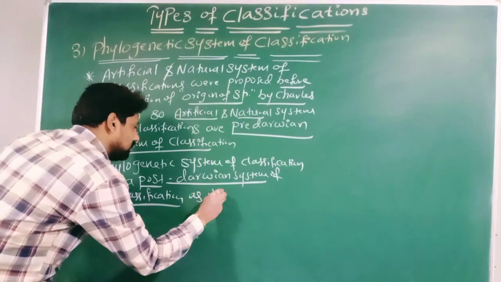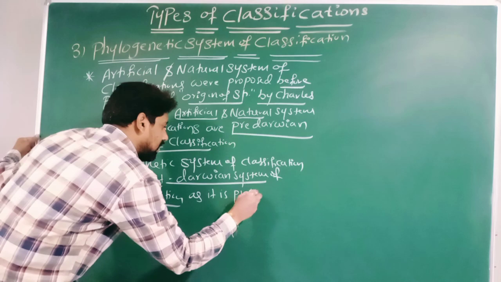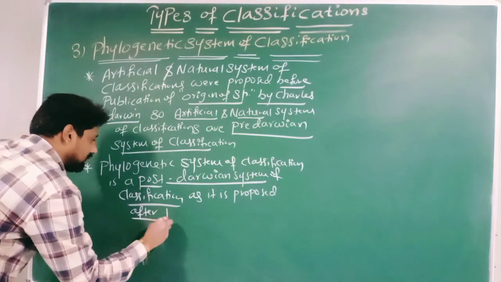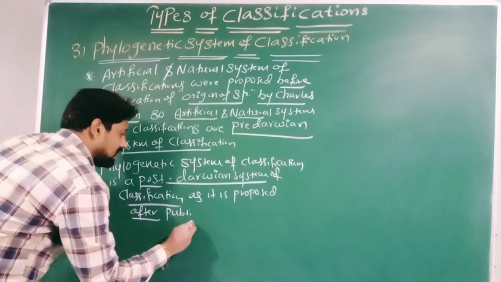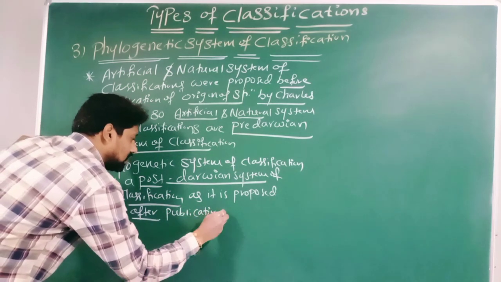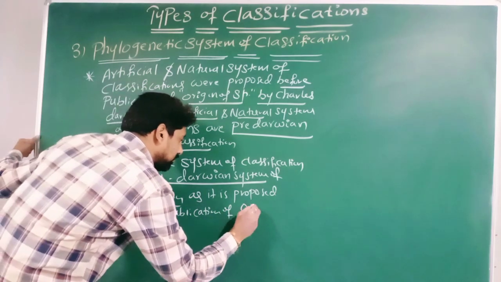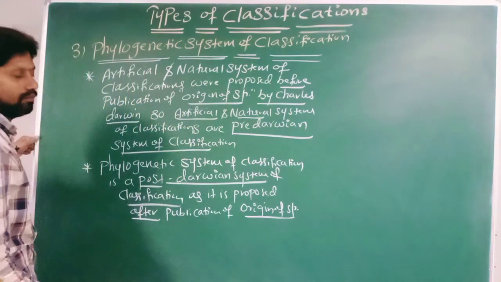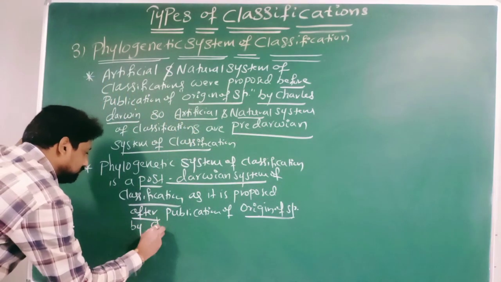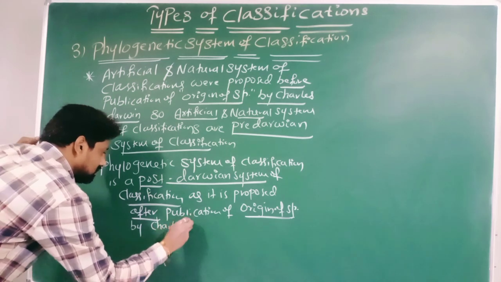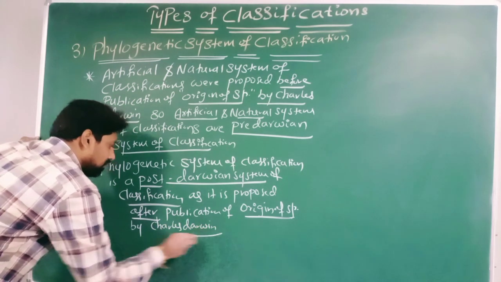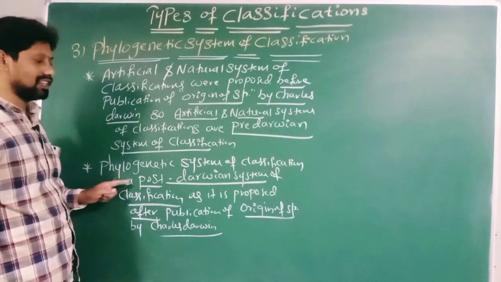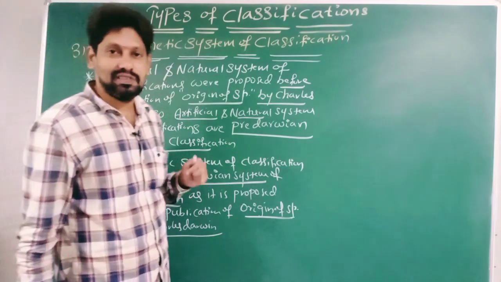As it is proposed after publication of what? After publication of Origin of Species. What is this Origin of Species? It's a book name, Origin of Species by Charles Darwin. That's why we call the phylogenetic system of classification a post-Darwinian system of classification.